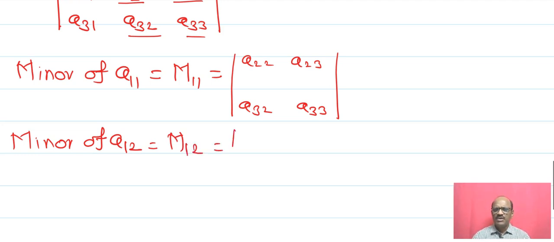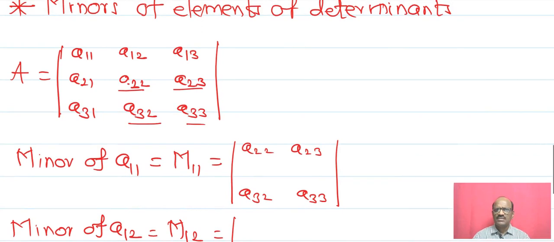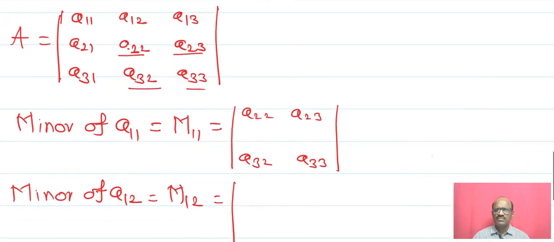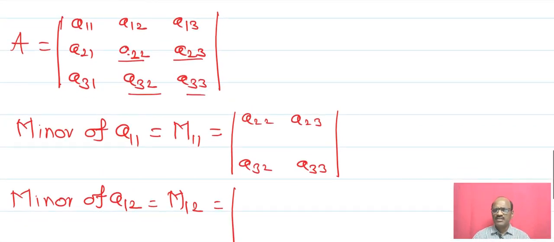Now the second element of the first row is A12. Now eliminate the element below A12, that is A22 and A32, and left and right side of A12, which is A13 and A11.